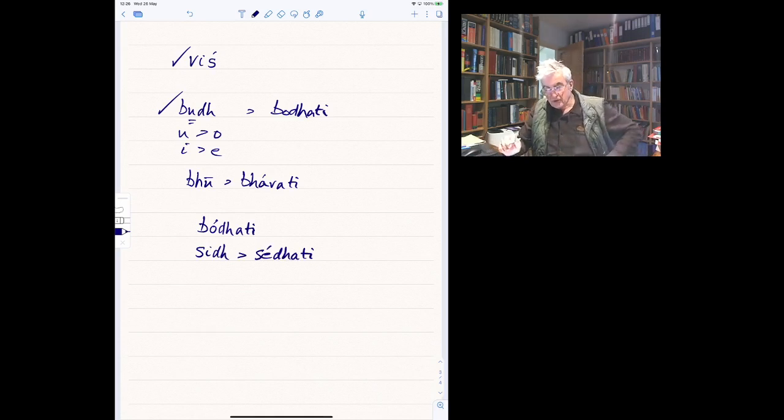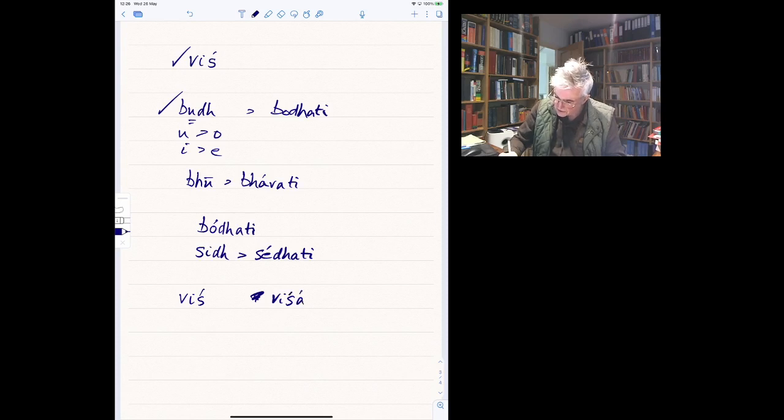That's a characteristic of the first class of verbs, that the stress falls on that root syllable. In the sixth class, the u to o and the i to e phenomenon does not occur. That's because in these verbs, the stress is actually on the second syllable. So vish. If the stress were on the first, if it were a first class verb, it would very likely become, which it's not, but it would likely become veshati. But it's not. The stress is on the second syllable, so it's vishati.